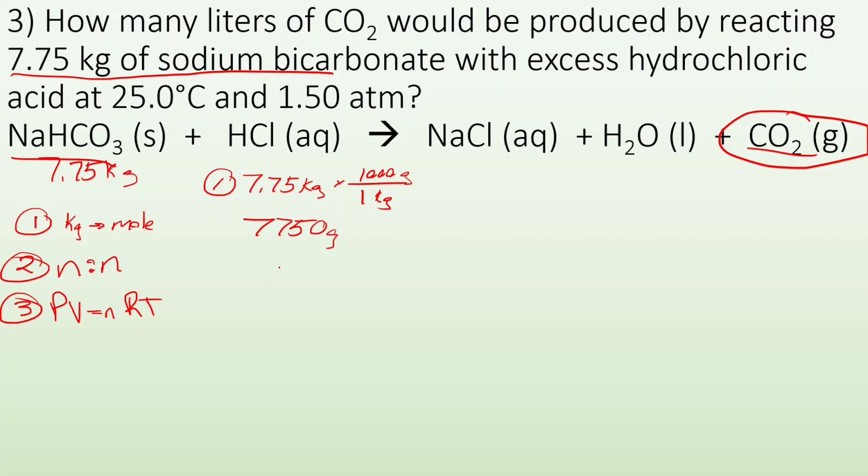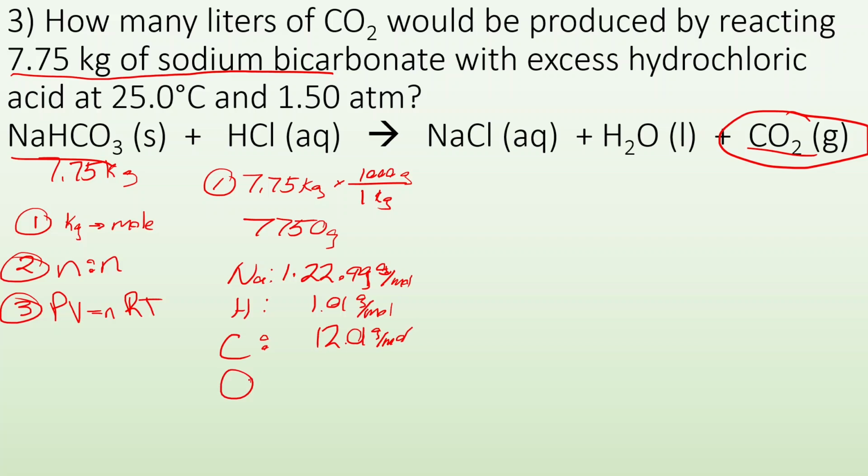Now, if I do the math for the GFM, well, I've got sodium. There's 1 of them, and each is 22.99 grams per mole. Hydrogen, there's 1 of those at 1.01 grams per mole. Carbon, there's 1 of those at 12.01 grams per mole.